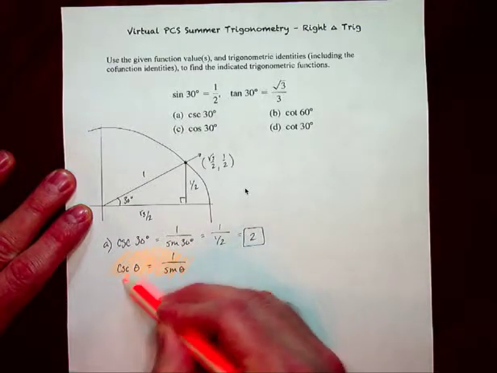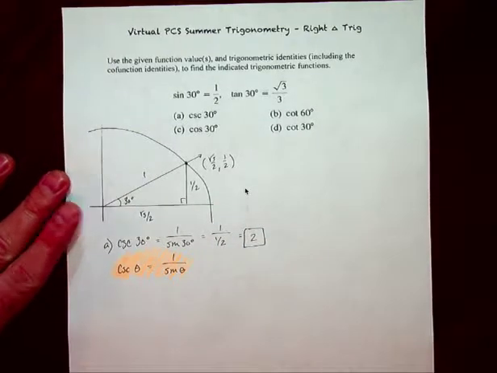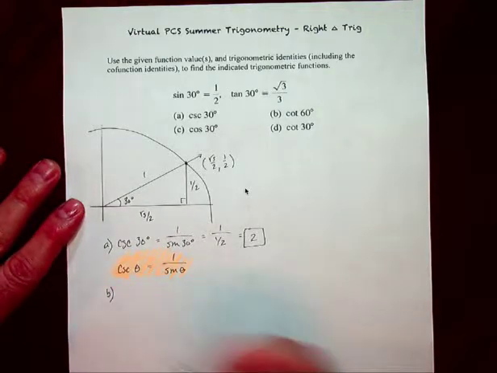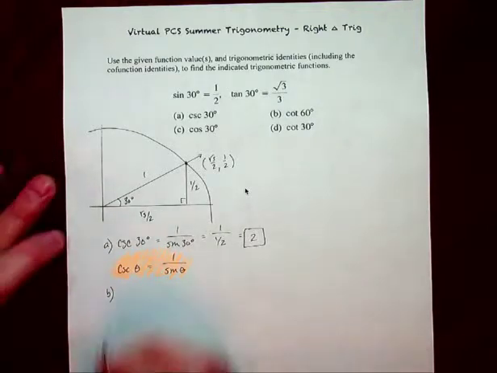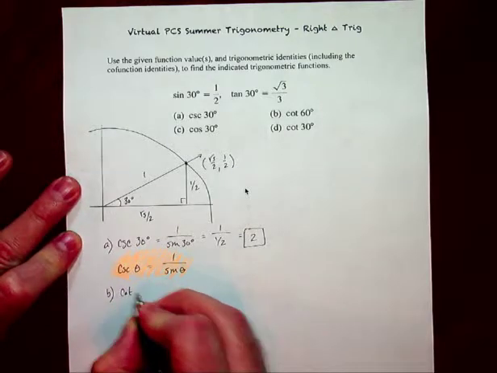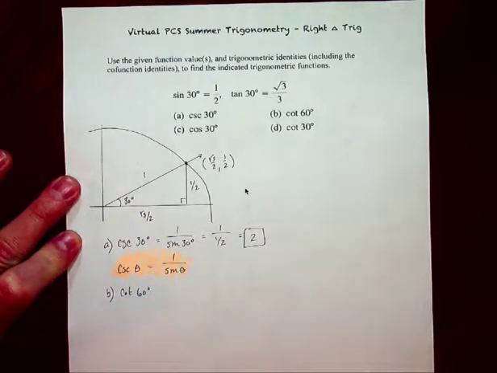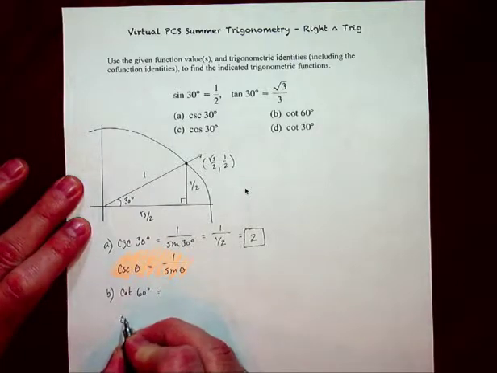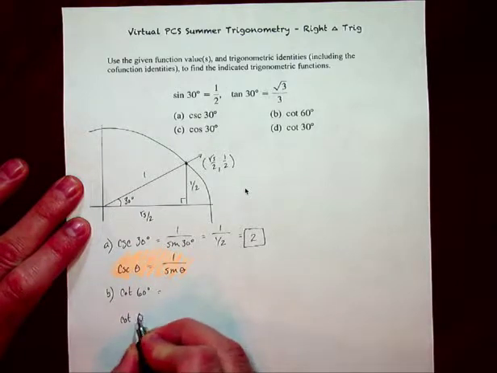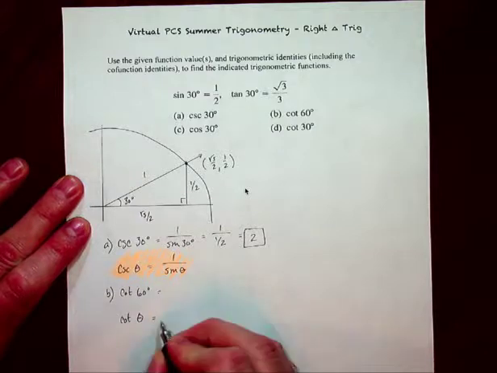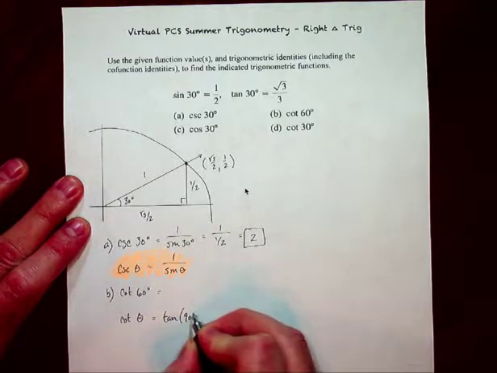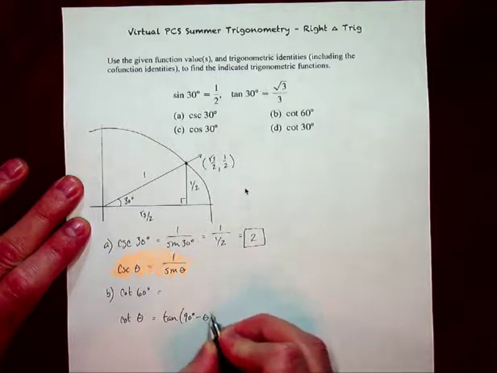Now, that one is really simple and pretty straightforward. We go, okay, this is going to be easy. Well, they do get a little more complicated. And we see cotangent of 60 degrees. Well, we happen to know that cotangent of theta is equal to tangent of 90 degrees minus theta.